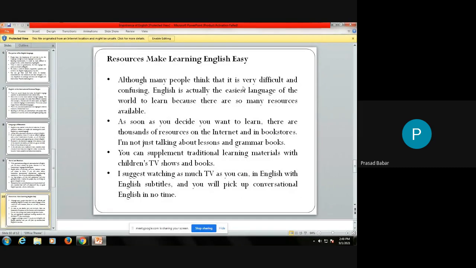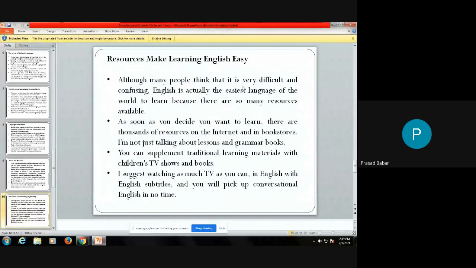English is not that difficult or confusing, because the grammar of the English language is easier than our Indian languages. If we want to learn Tamil or Telugu or Malayalam, it is very difficult for us, but if we want to learn English grammar, we can easily understand.